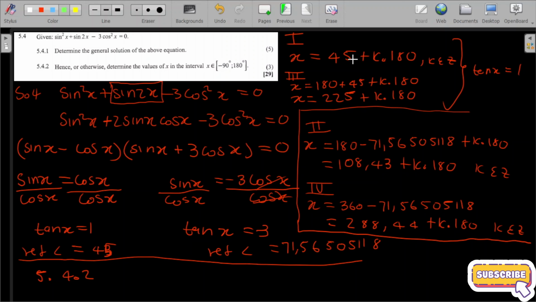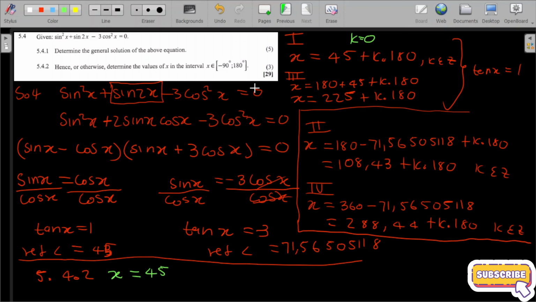If I put the value of k here as 0 according to this restriction here, my value of x is going to be 45, which goes with this restriction.